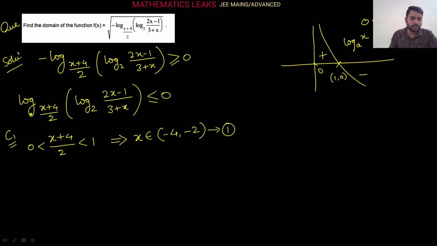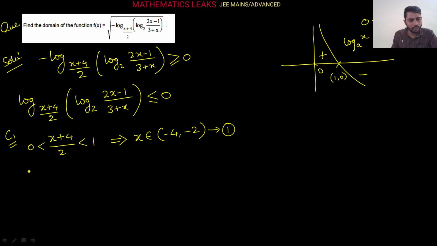So we want this logarithmic value to be less than or equal to 0, which means this entire argument should be greater than or equal to 1, then only this logarithmic value can be negative or equal to 0.